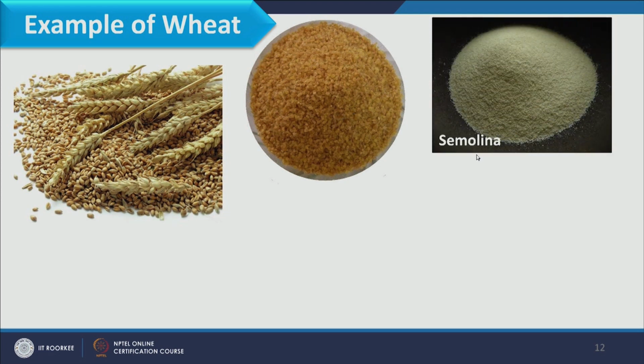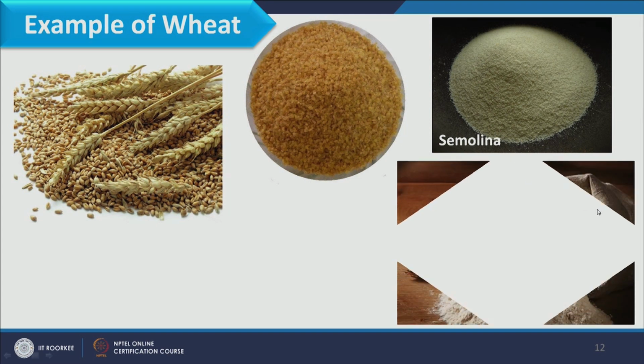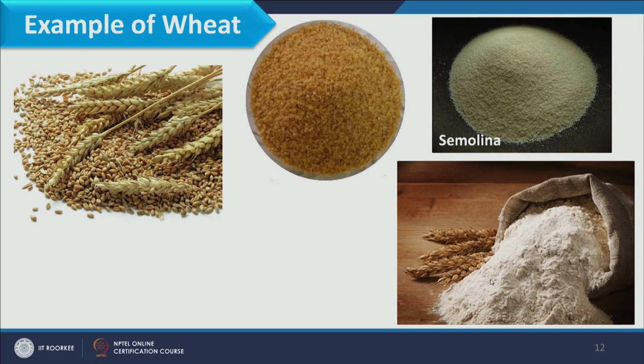Another product of wheat is semolina, which we also call suji. It is a product of wheat with a smaller particle size than dalia. It is used in making pastas, etc., and is also very healthy food. Further, a product of wheat that we all know is atta, which we use in our daily life, and it also contains fiber, protein, carbohydrate, etc. So that is again healthy food.